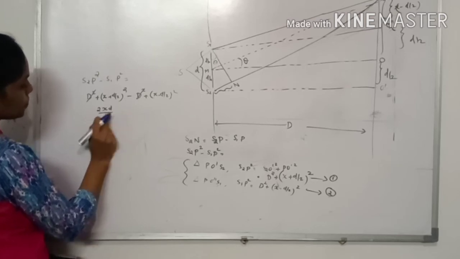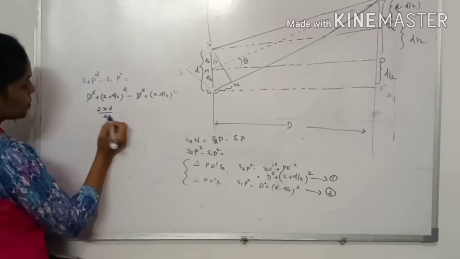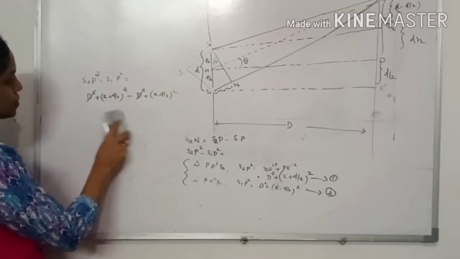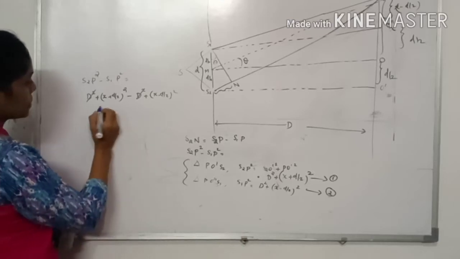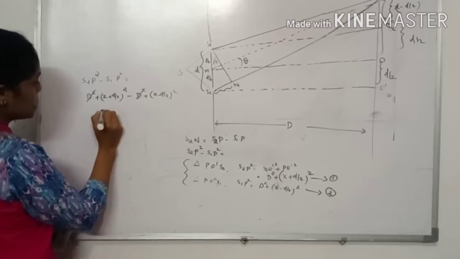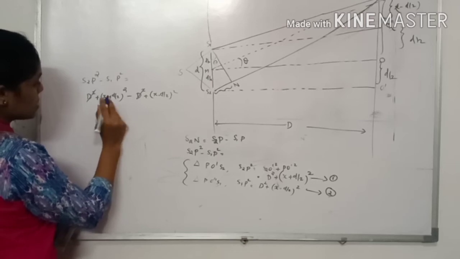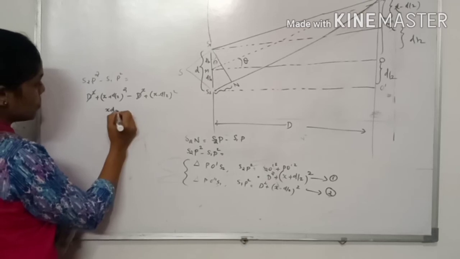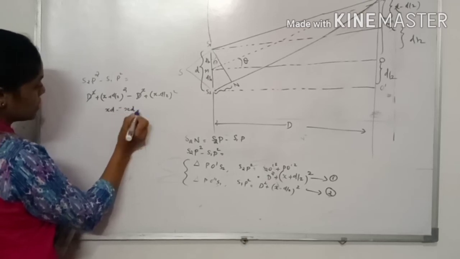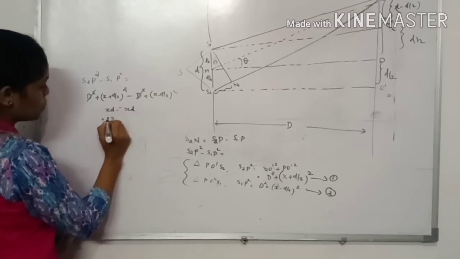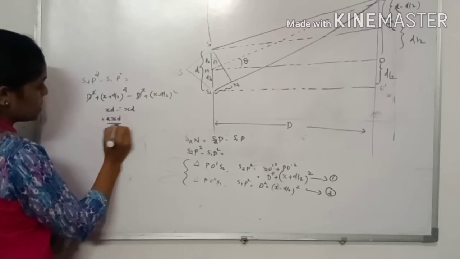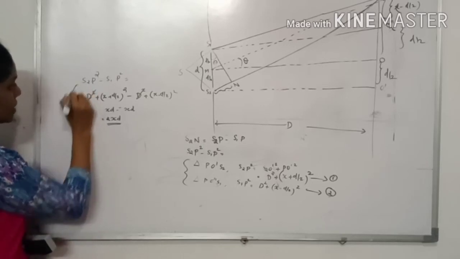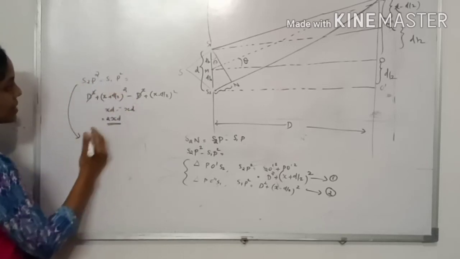Here, what will you get? xd plus xd, so 2xd.